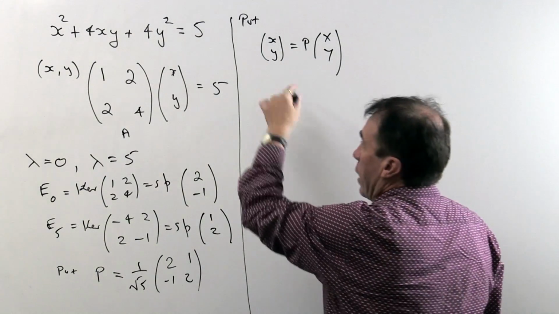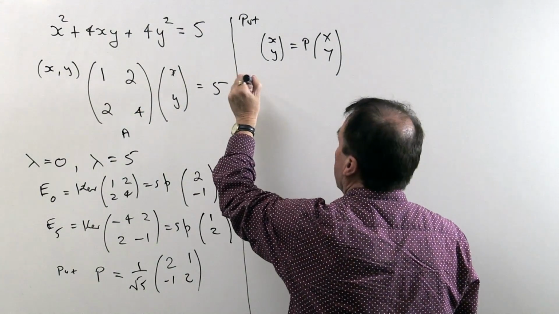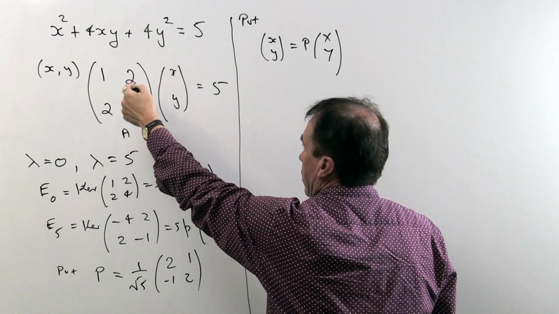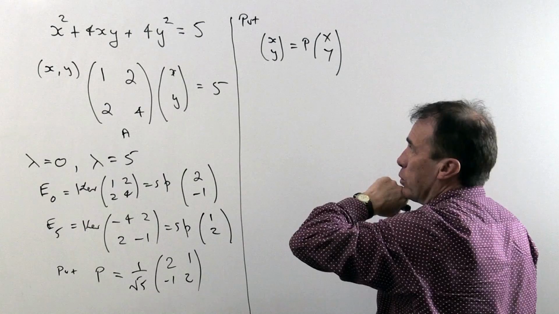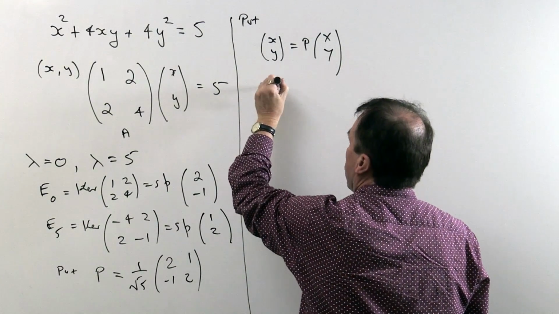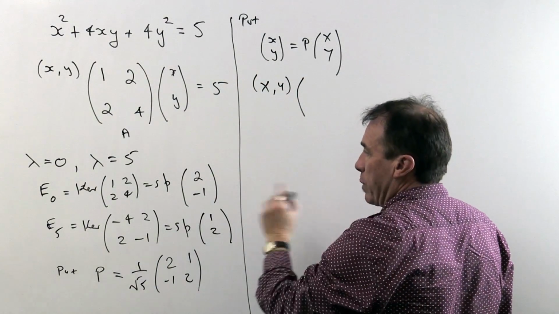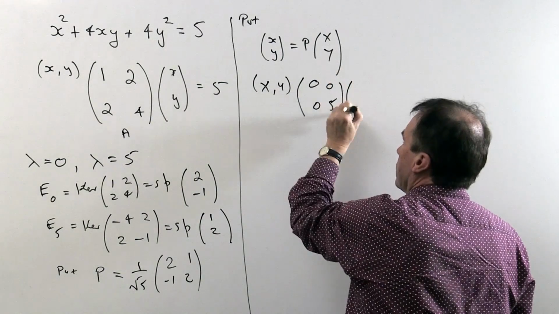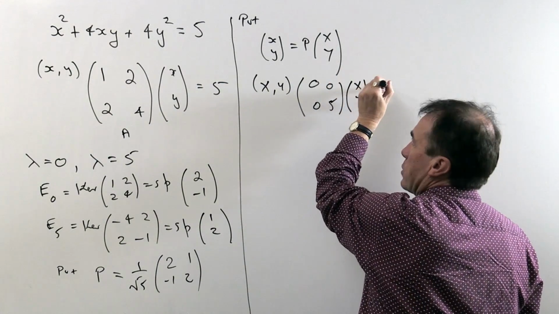And so when you plug it in, you get the usual thing. We end up with P transpose times this times P, and that will diagonalise it. And so that's going to give me capital XY times the diagonal matrix, 0, 5, 0, 0, and then times capital XY equals 5.